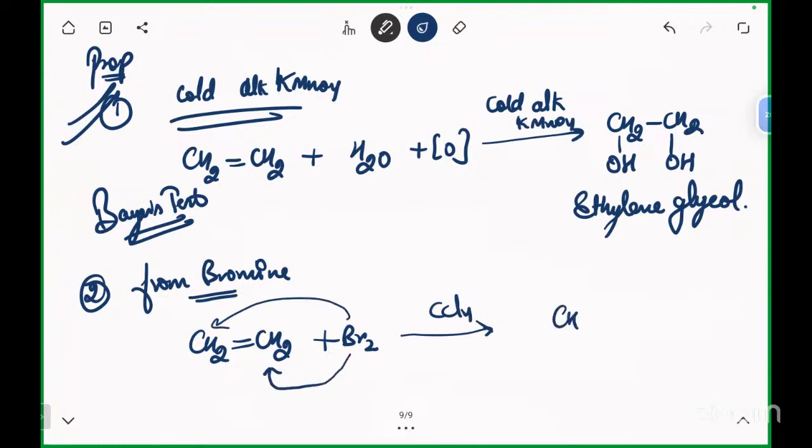So it will be CH2Br-CH2Br. This is called 1,2-dibromoethane. See, the reddish brown color of bromine changes, disappears, decolorizes, you can say. So this is also a test for unsaturation.